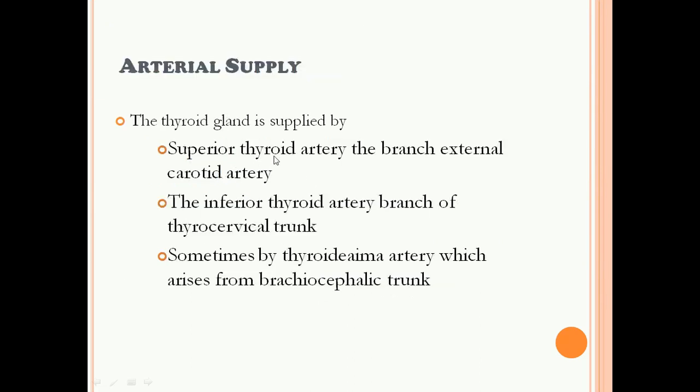The arterial supply: the gland receives its arterial supply from the superior thyroid artery and the inferior thyroid artery. Superior thyroid artery is a branch of external carotid artery, and the inferior thyroid artery is a branch of the thyrocervical trunk. Sometimes there is another artery called thyroidea ima, which is a direct branch from the brachiocephalic trunk, and sometimes it could be a direct branch from arch of aorta as well, and it will provide blood supply to the isthmus area of the gland.